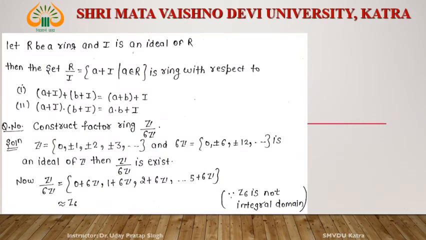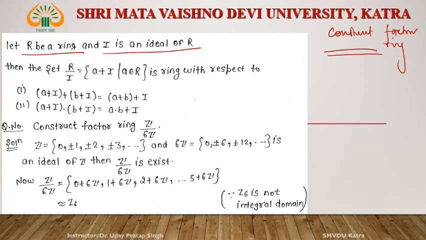Now see how to construct a factor ring. If R is a ring and I is an ideal of R, then the factor ring is defined in this way: the elements A plus I, A belonging to R. And this is a factor ring with respect to which operations?